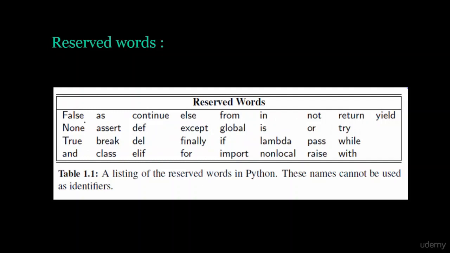Like False, None, True, and, class, break, assert, as, continue, def, del, elif, else, except, finally, for, import, if, global, from, in, is, lambda, nonlocal, raise, pass, or, not, return, try, while, with, yield. We will use most of these words throughout our course. Okay.